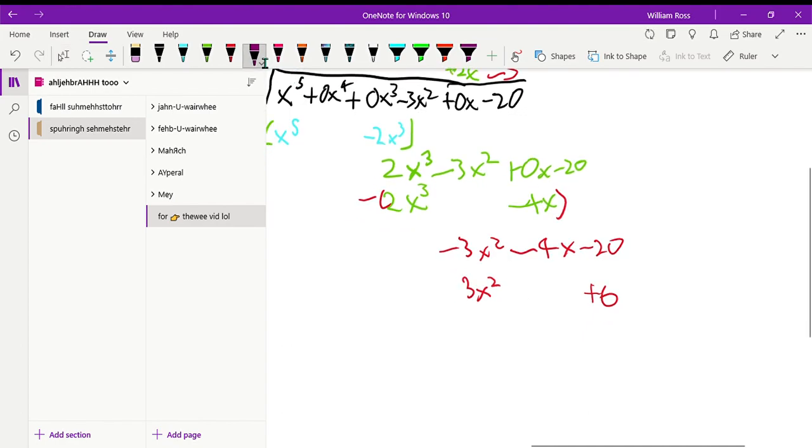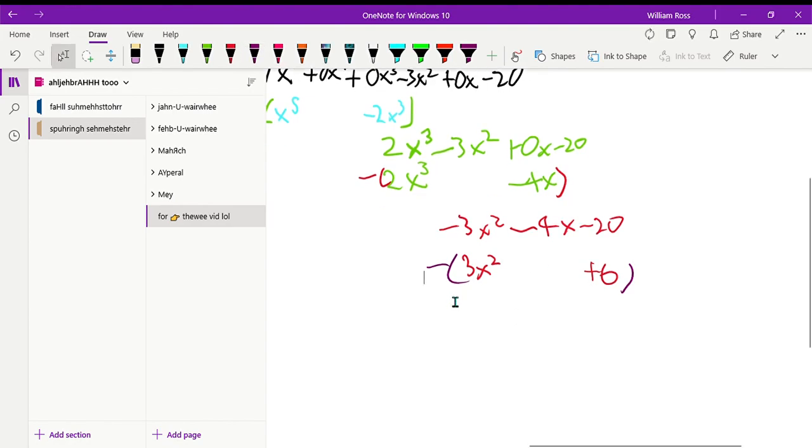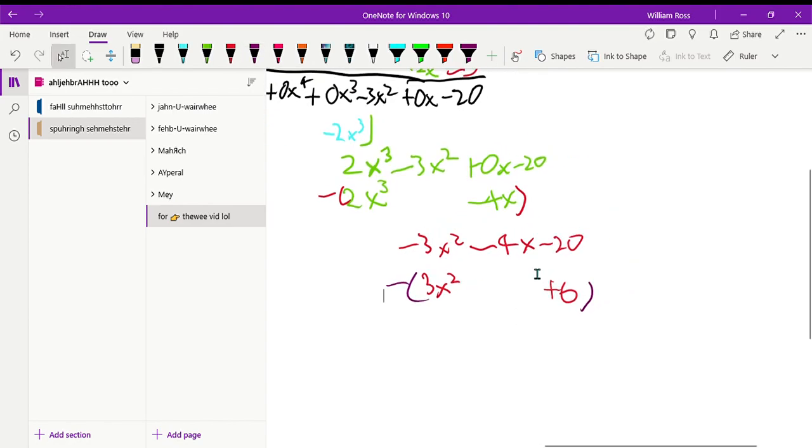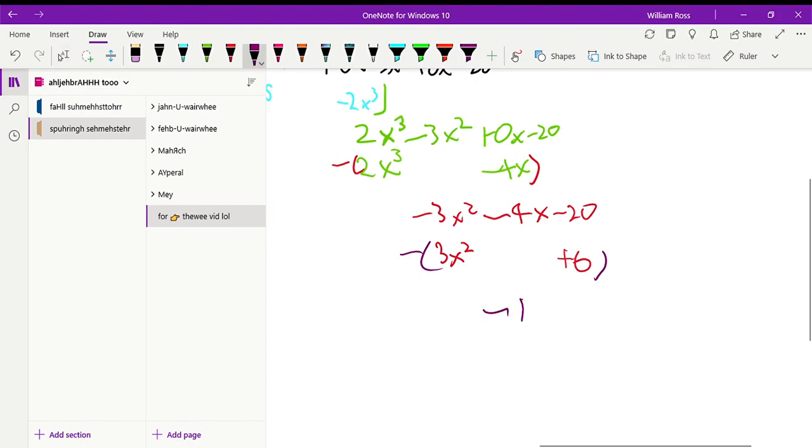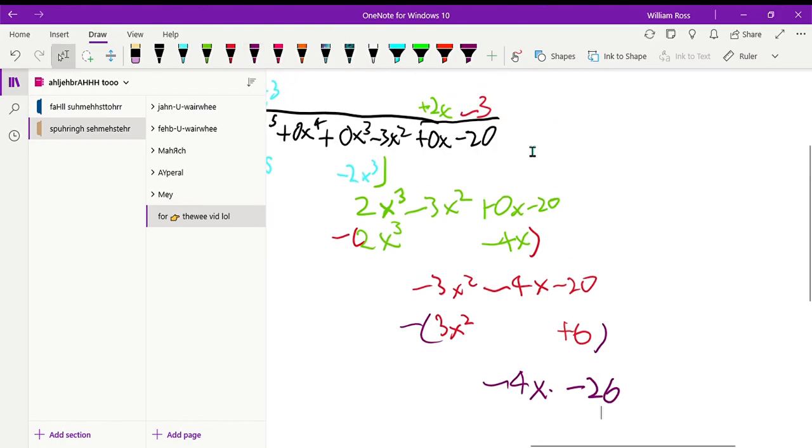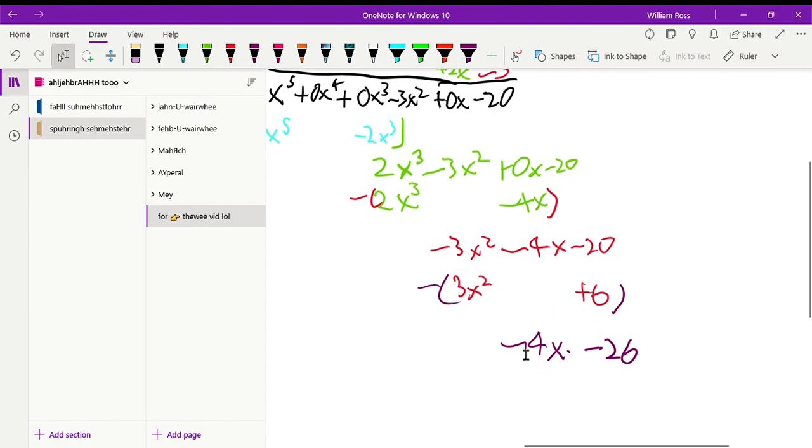So now we can use purple. We make these opposites. These two will cancel out. And all we're left with is 4x minus 26. And since there's no terms any further, that makes negative 4x minus 26 our remainder.